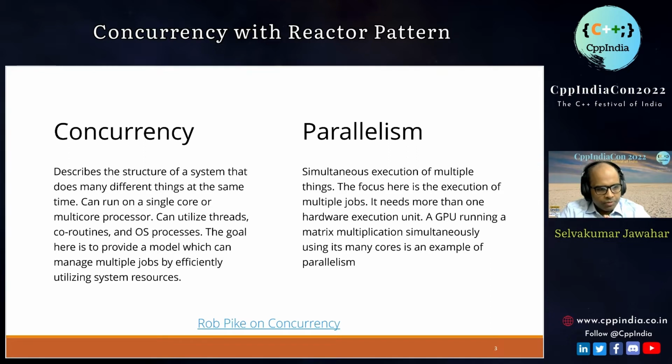It gives the model of how different components work and give us a result while running at the same time. And parallelism is mainly focused on the execution. When I say parallelism, I'm talking about execution, meaning we have several jobs executing at the same time simultaneously.